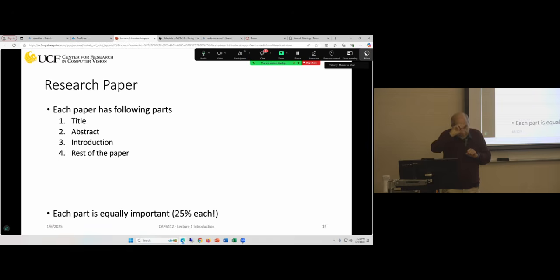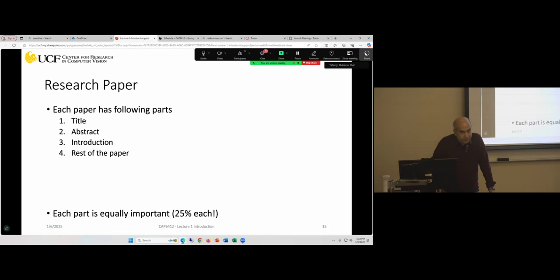Then if they like the title, the next thing they're going to do is read the abstract. So again, the abstract is very, very important. If the abstract is confusing, not clear, just general things, they say, well, why should I waste my time? Once they read the abstract and like it, they will read the introduction.